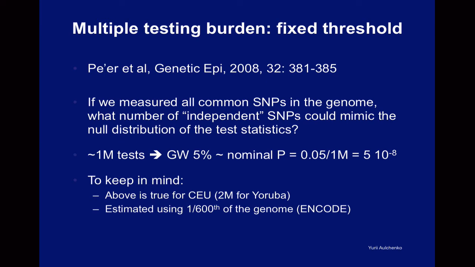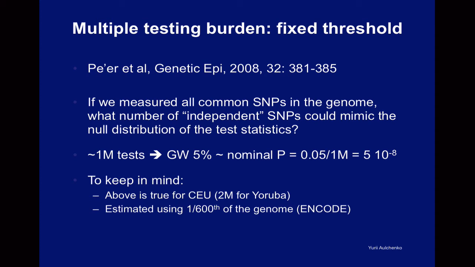So what they found out is that if you measure all common polymorphisms in the human genome, this corresponds to approximately 1 million independent tests, and therefore to keep type 1 error to 5%, you should use a nominal p-value with a Bonferroni correction of 1 million.